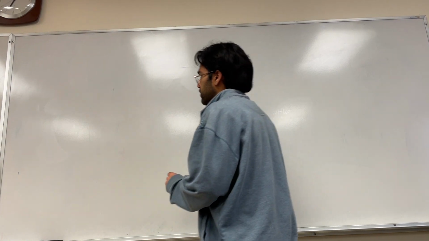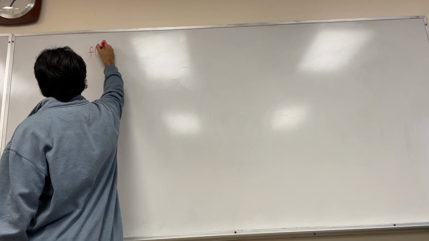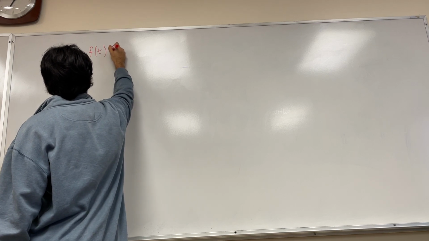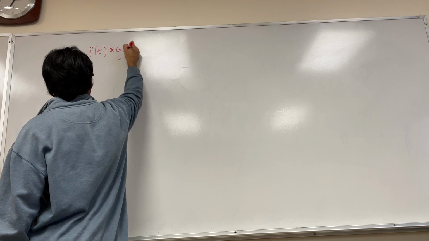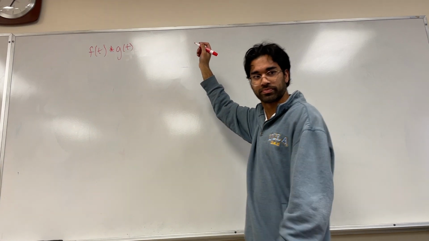A cross correlation is an operation between two signals. We'll denote it with the same symbol as a convolution, because, can you see the top of the board by the way?